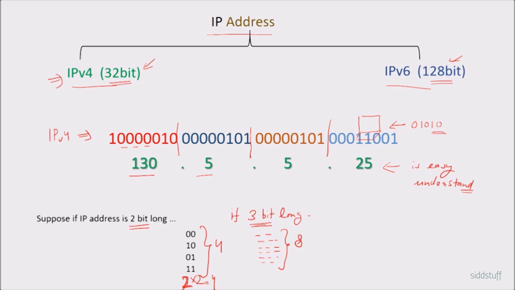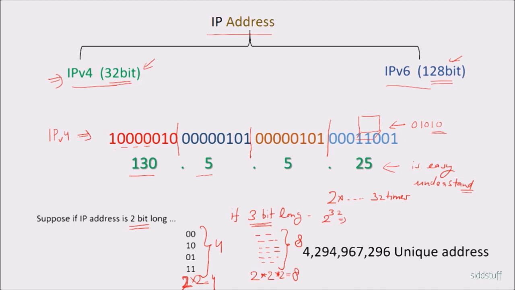If it is 3 bits long, we multiply 2 into 2 into 2, that is 8. In case of IP version 4, we multiply 2 32 times, or we can say 2 to the power 32, and the calculated value is around 4 billion.